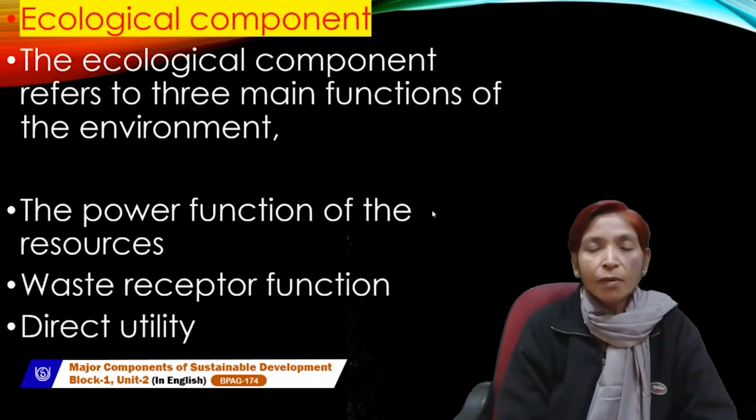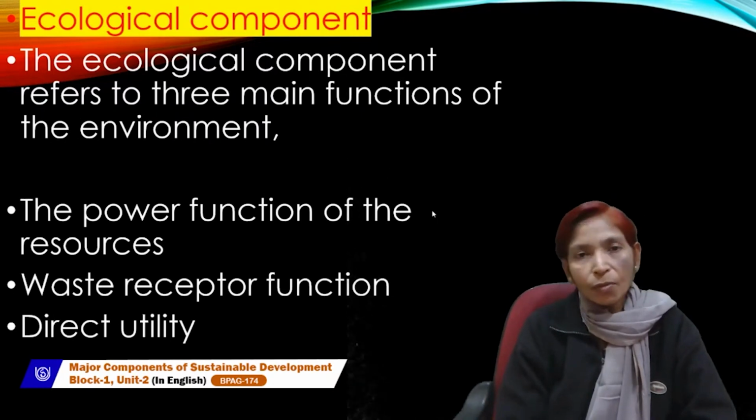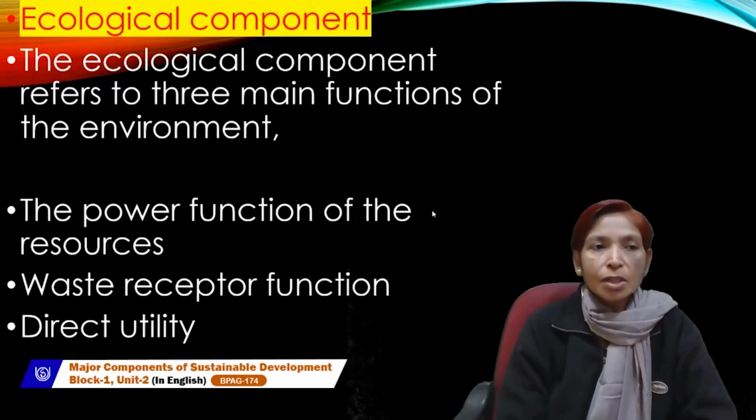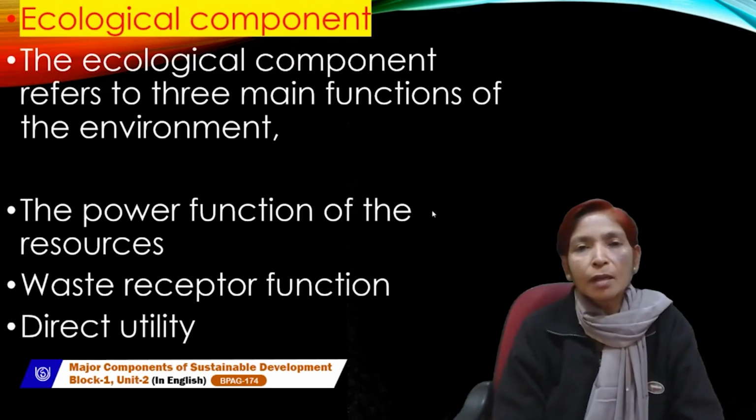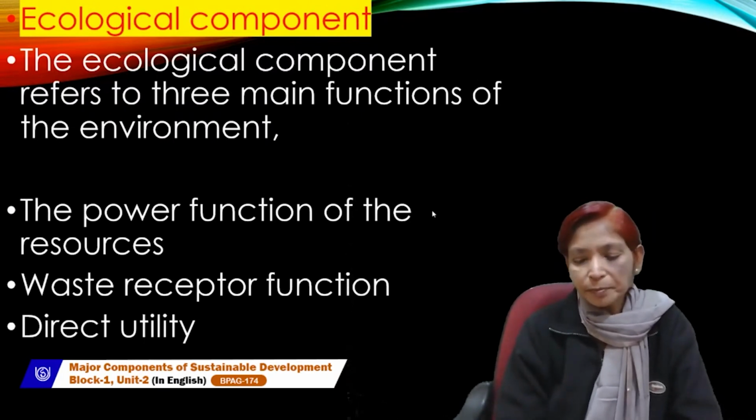Utility is the want satisfying power, and the environment is very necessary for every human being and all species of the whole world. So the ecological component also plays a very important role in the achievement of sustainable development.